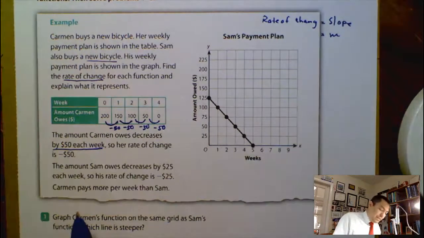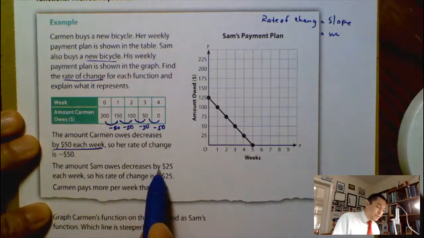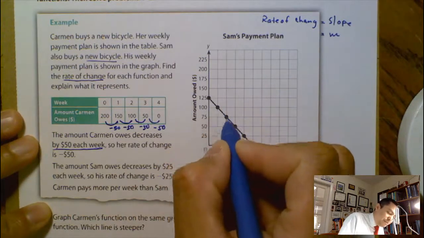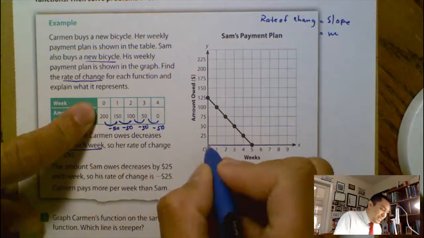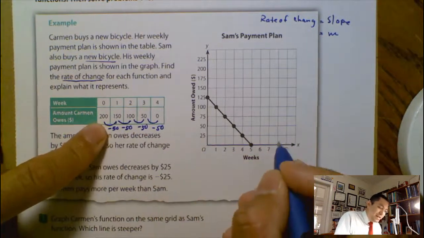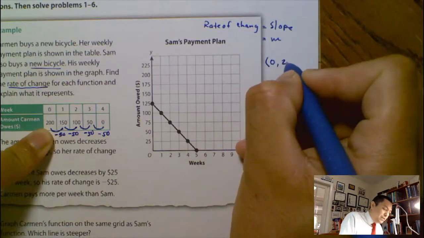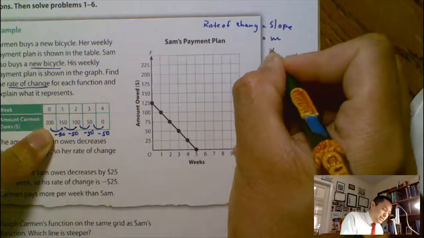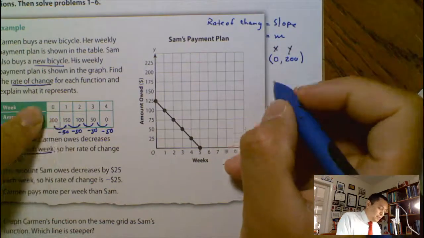That's the slope, the rate of change. In this case, the amount Sam owes decreases by 25. Let me graph this one first. Remember that we can make ordered pairs, 0 in X, 200 in Y. So the first point is 0 and 200.